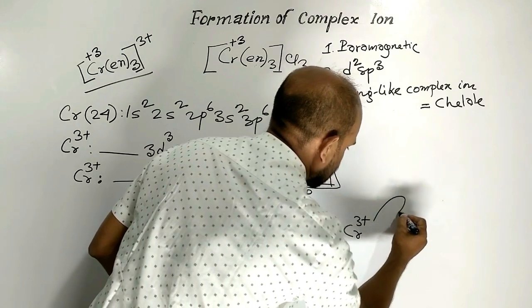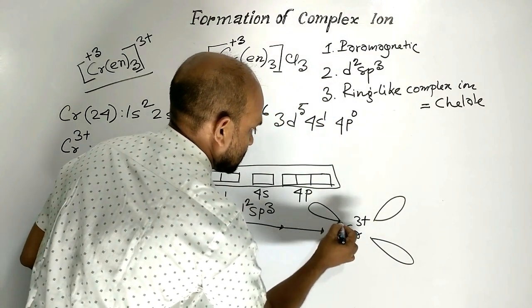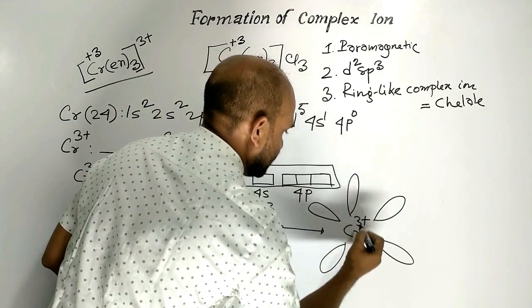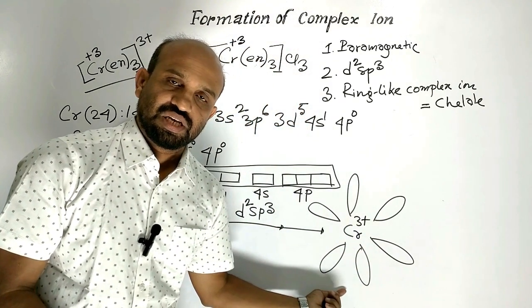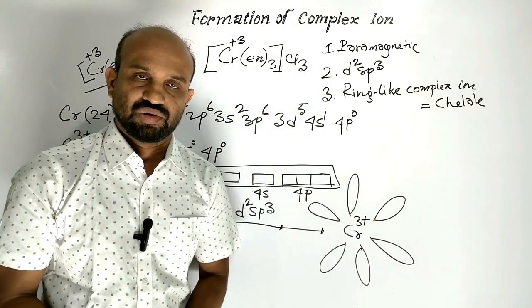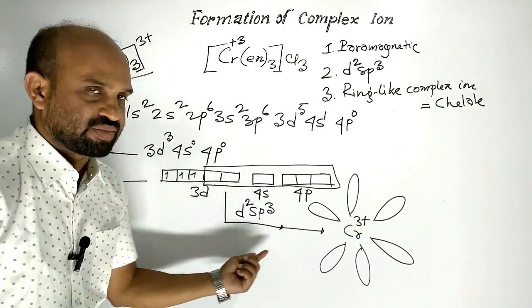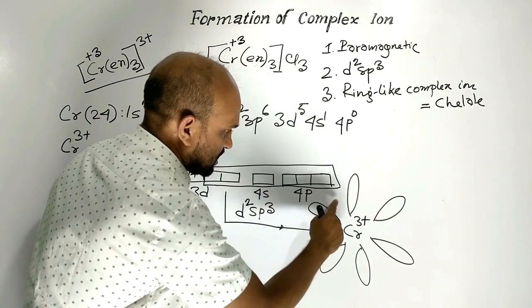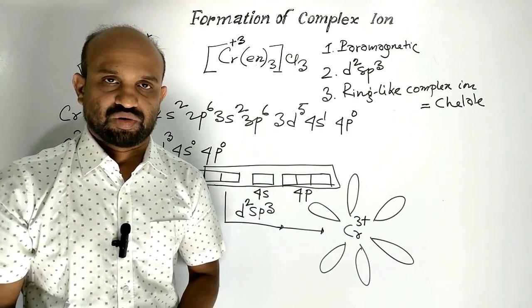Those are in this way: 1, 2, 3, 4, 5, 6. These 6 hybrid orbitals are formed through D2sp3 hybridization. Now, with these 6 hybrid orbitals, ligands form coordinate covalent bonds.